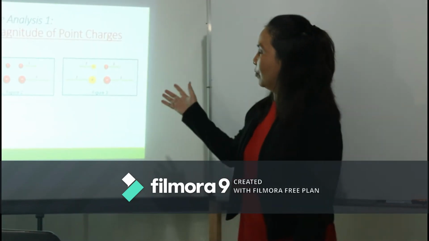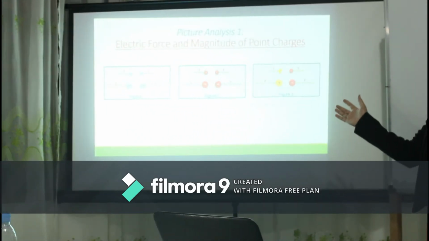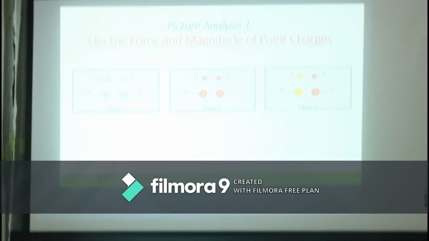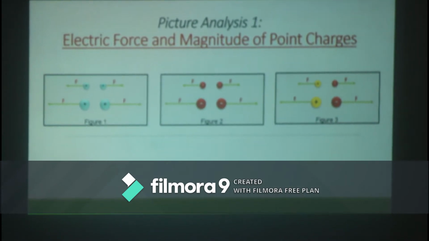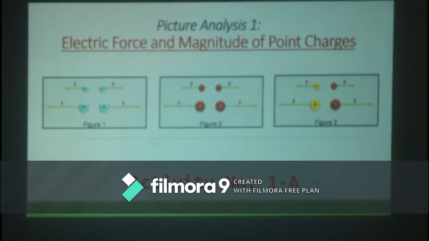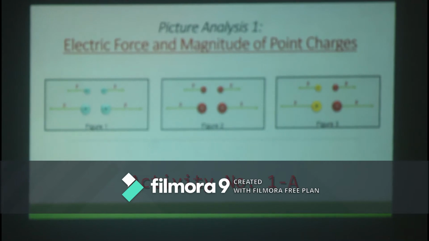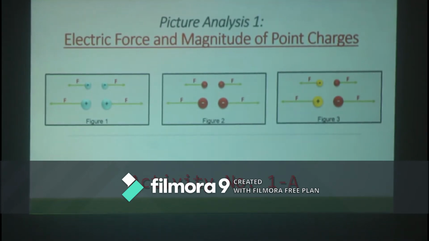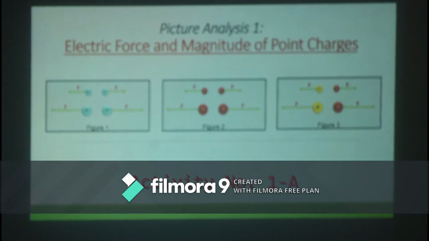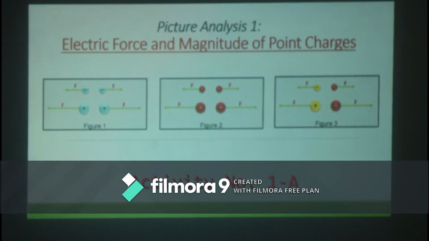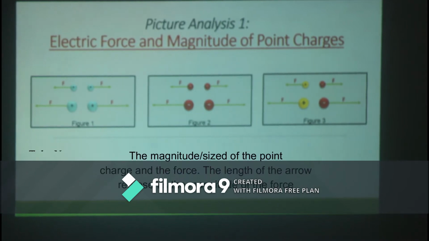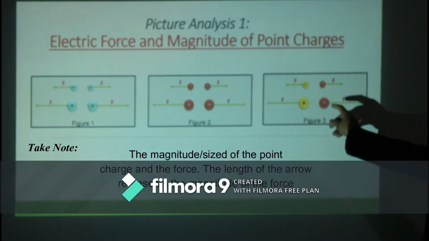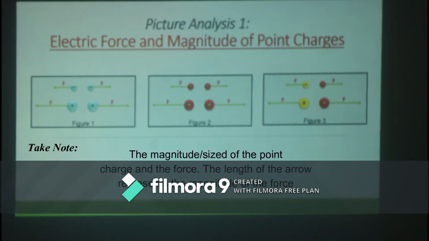Picture analysis number 1, it's about electric force and magnitude of point charges. Study the 3 diagrams shown in the screen. So we have figure 1, figure number 2, and figure number 3. As you analyze the figures, take note of the magnitude or size of the point charges and the force.